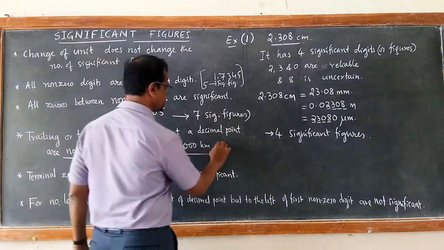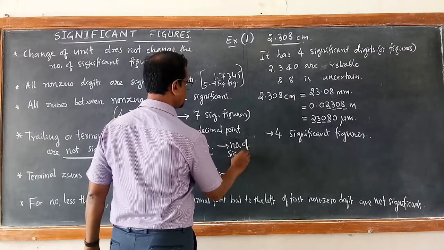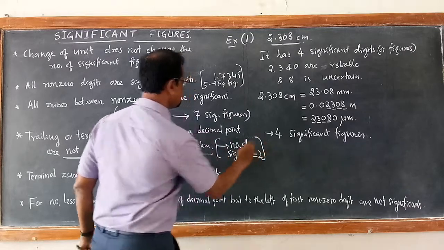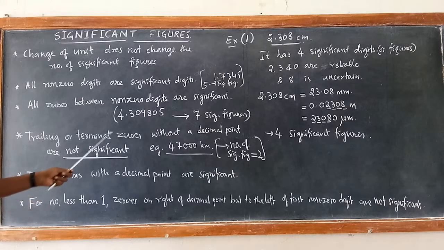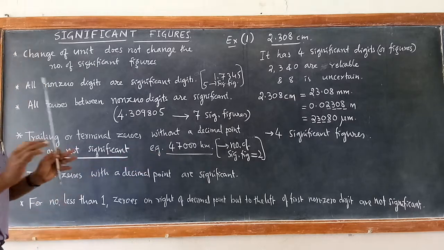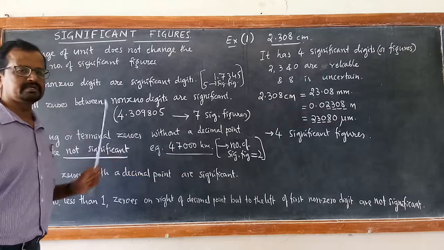Therefore, the number of significant figures here is 2. So these are the rules to be followed while finding the significant figures. Trailing or terminal zeros without a decimal point are not significant at all. Therefore, in this example, only the 47 is significant.